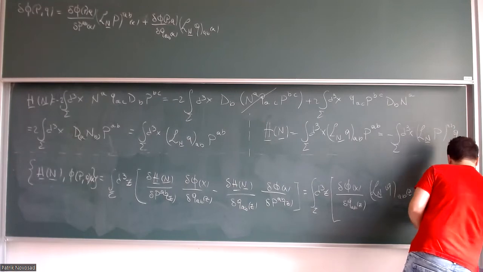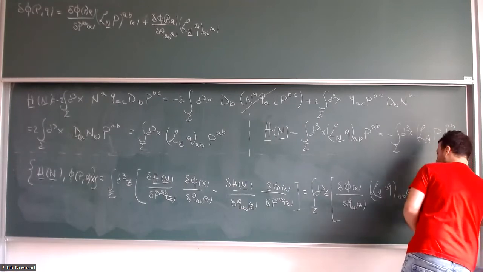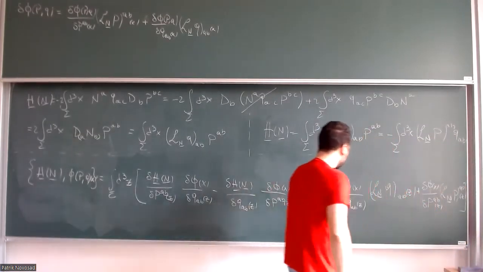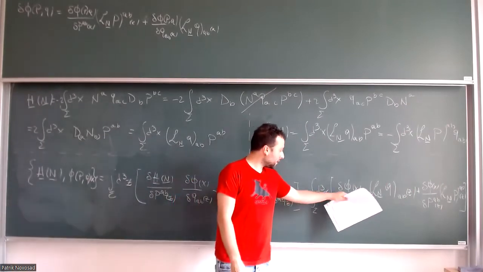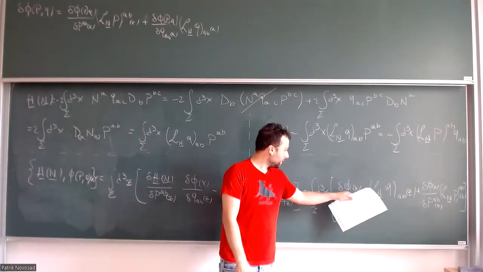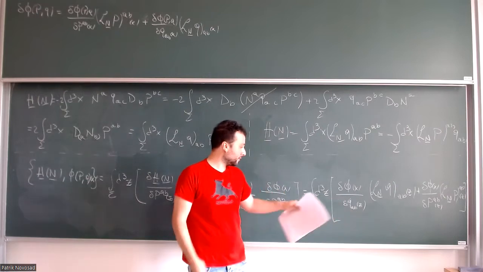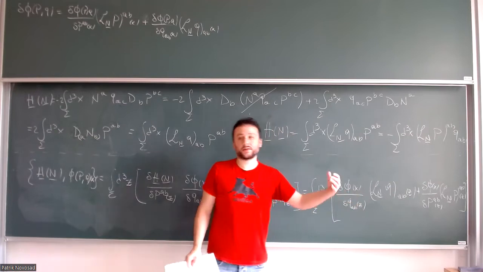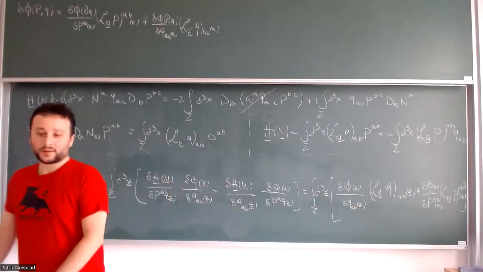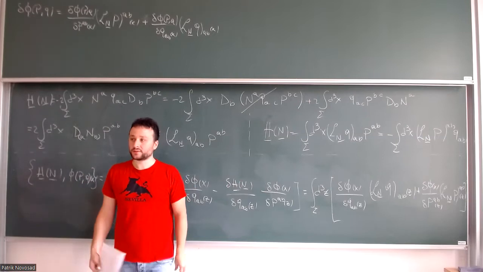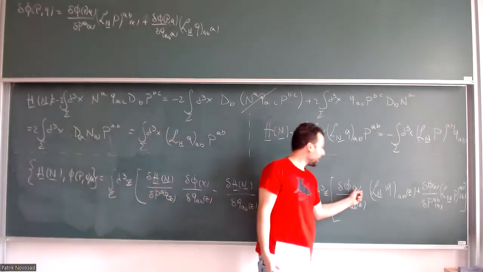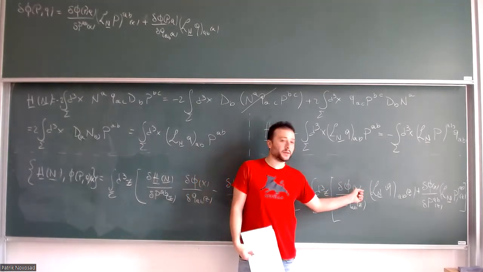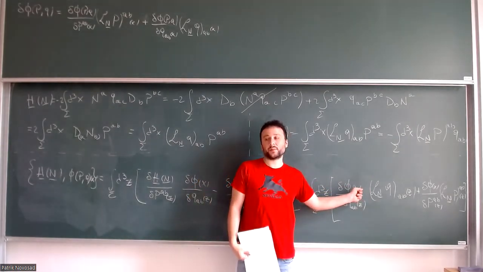Okay. And so now, the last thing is to write this with the Dirac delta of x minus z, so that instead of having delta phi at the point x, we have it at the point z.